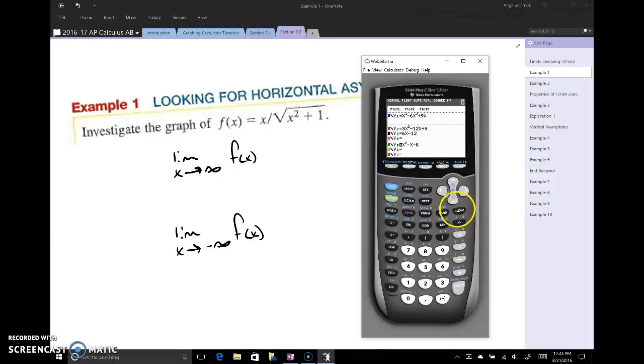So I'm going to put the graph in. And let's go to standard, and we'll see where we're at first.